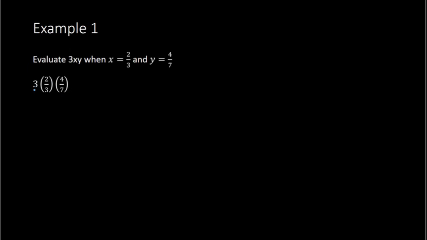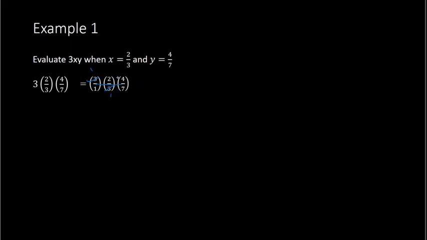When I multiply, I can think of this 3 as being 3/1. And I can imagine this line being extended across so that anything on the top can divide with anything on the bottom. So notice the 3's here and here. Those would divide to give me 1/1.